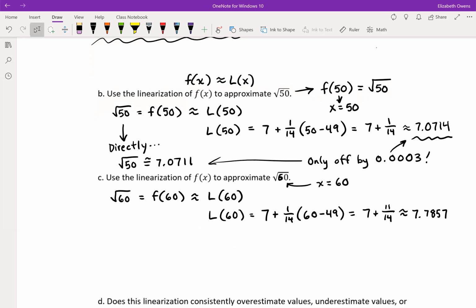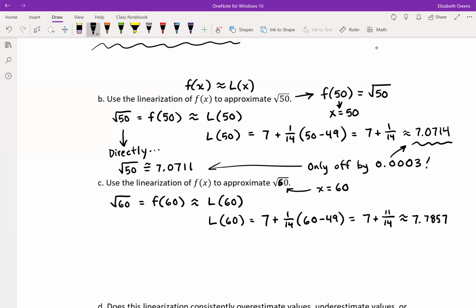Now, if we check this one out versus the direct value for square root of 60, if you plug that in directly, the square root of 60 out to 4 decimal places turns out to be about 7.7460.